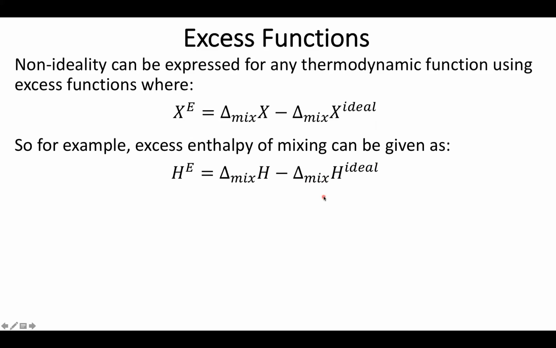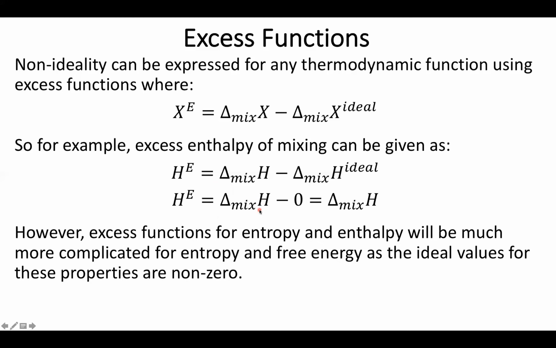Well, again, we just proved that the ideal enthalpy of mixing is 0, so this actually is quite a nice description for enthalpy, as our excess enthalpy is simply going to be the actual measured enthalpy of mixing. And this will essentially give us an indication of how much we deviate from ideality, which again is a very useful feature.